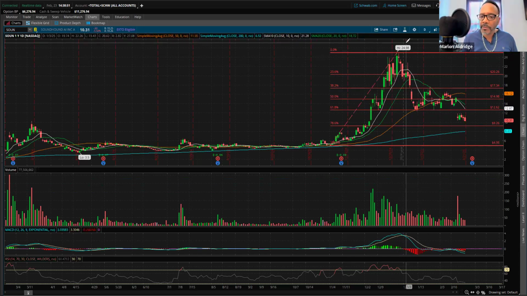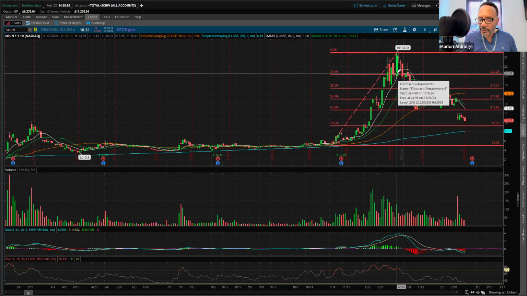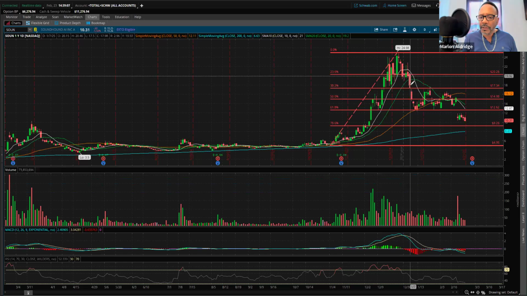Let's see what happened. Well, here for a while, from about December 26th to about November 7th, the price action hovered around the 23.6. It did drop as low to 38.2. And then it even went to the 50%.